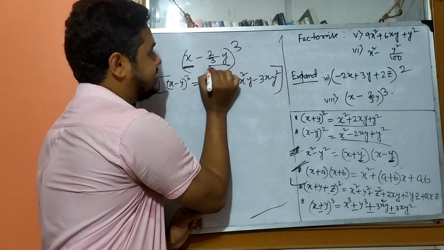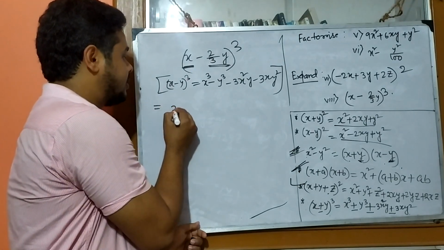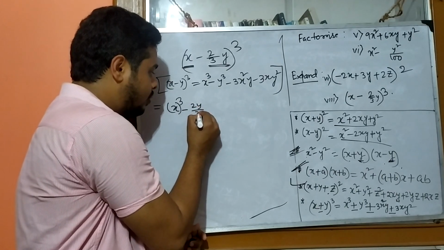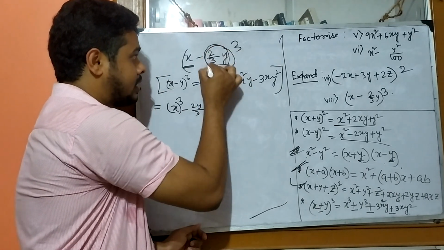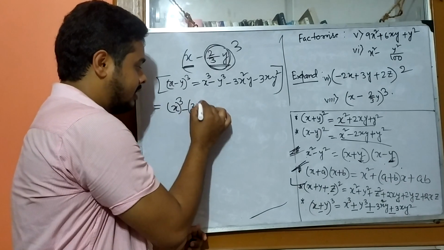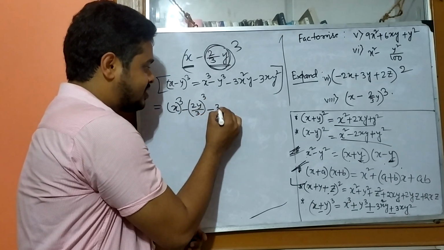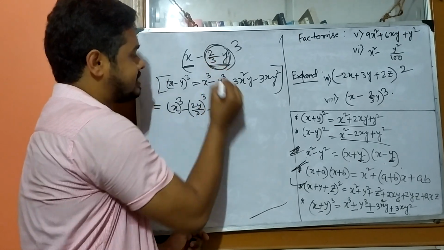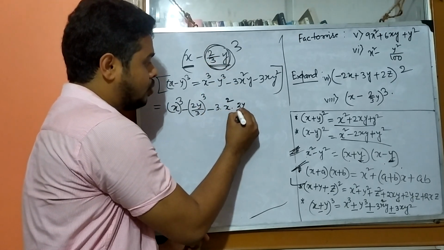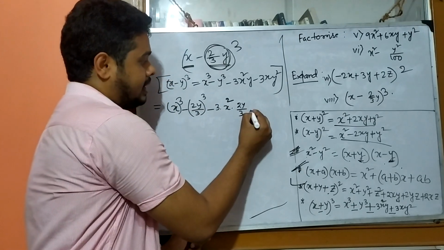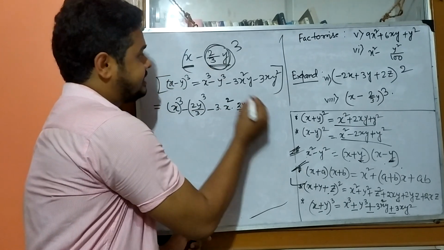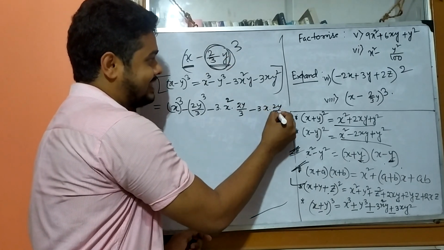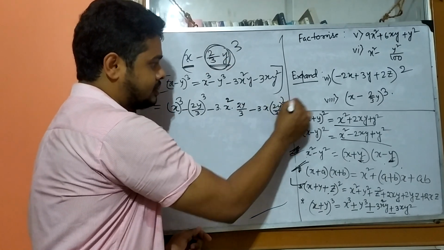That is our x and that is our y. x cube minus y cube means that is our y. That cube minus 3 x square means x square, but y means 2y by 3, minus 3 x means our x and y means our (2y by 3) whole square.